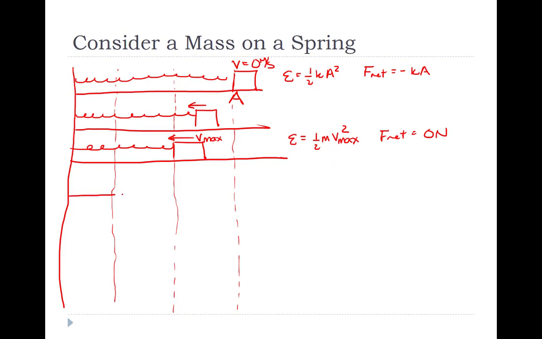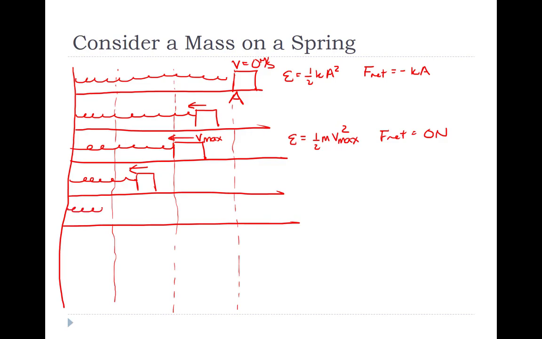It's then going to move through the equilibrium position, continuing in the same direction, and eventually will hit this bar, which remember was equidistant from the equilibrium position. So this is also a distance A. If you want to think about it as negative A, that's cool.